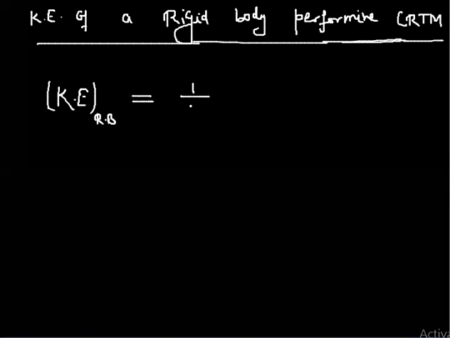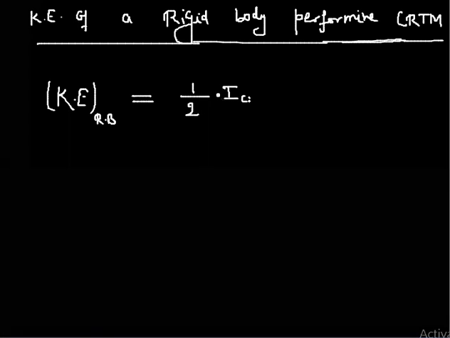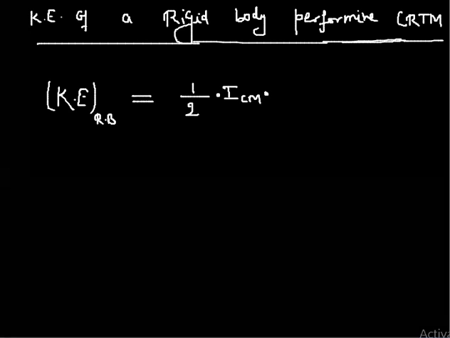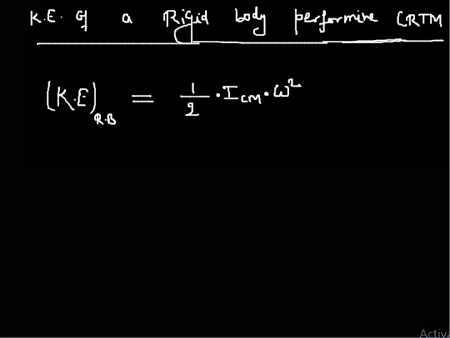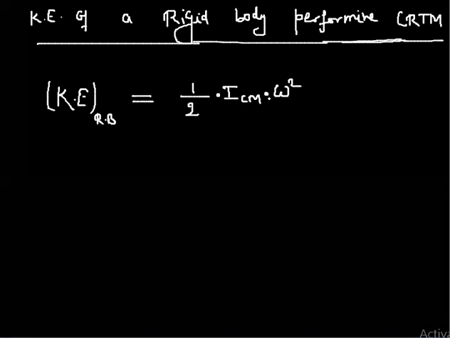So I can write the rotational kinetic energy. Rotational kinetic energy is written in the center of mass frame as half I about center of mass, the moment of inertia about center of mass, times omega square.